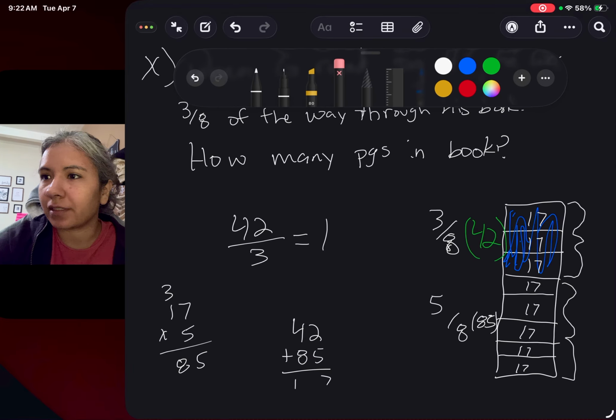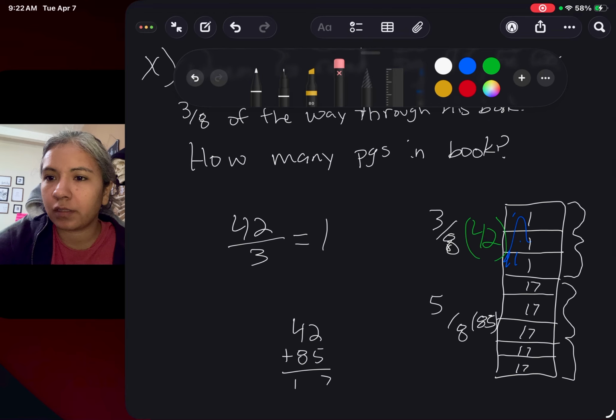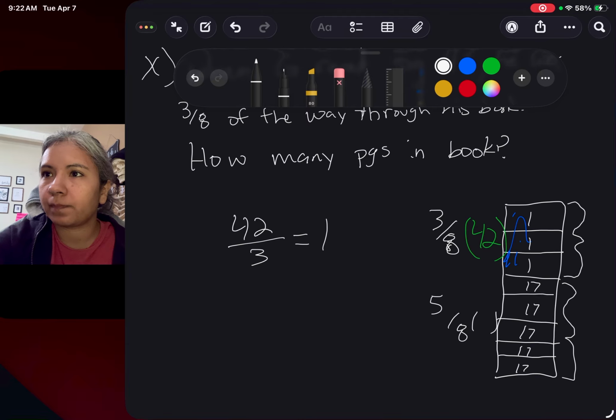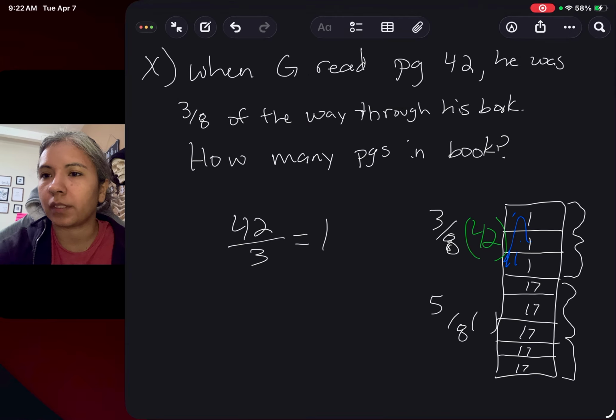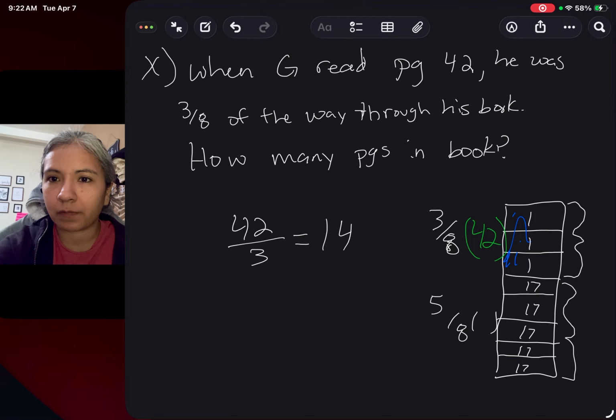It's not 17. It's 14. Okay, so 42 divided by 3 is 14. So we have 14, 28, and 42.